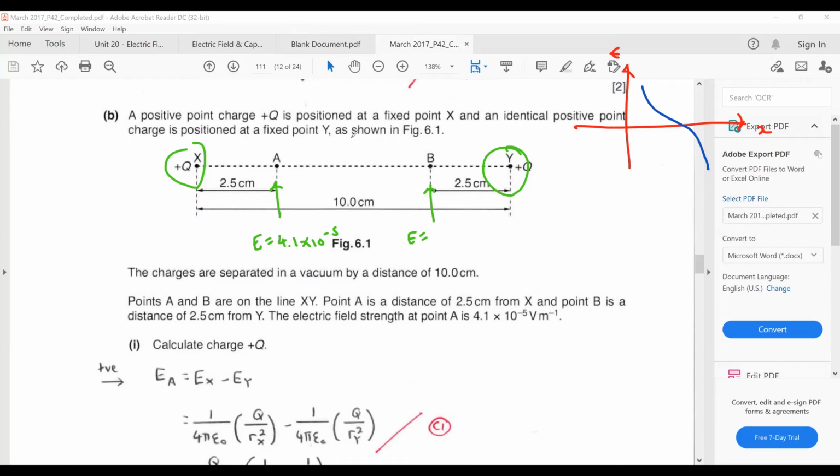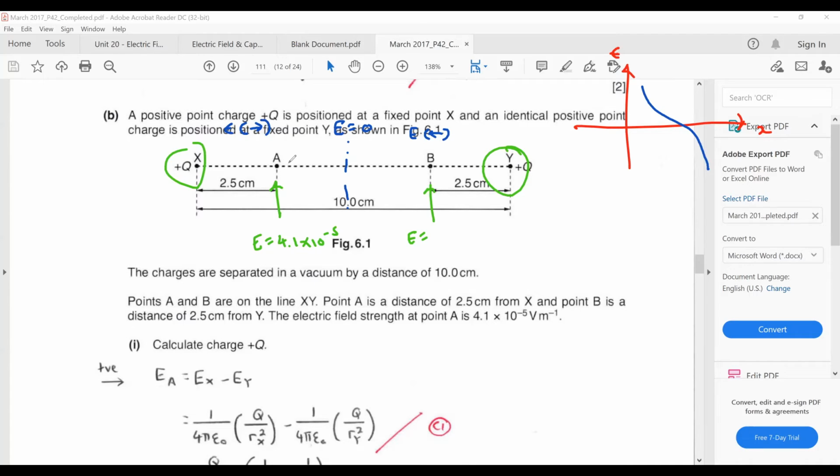That time I mentioned to you, you should be able to realize that there'll be a point where your E is 0, a range where your E is in one direction, and then another point where your E is in the opposite direction, right?